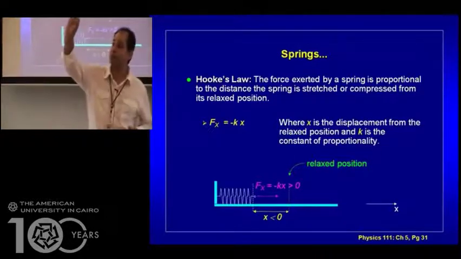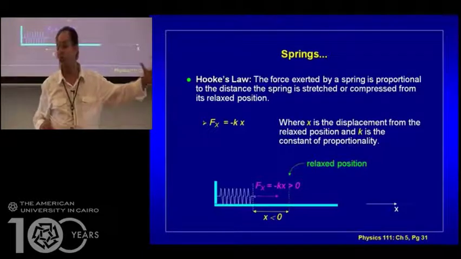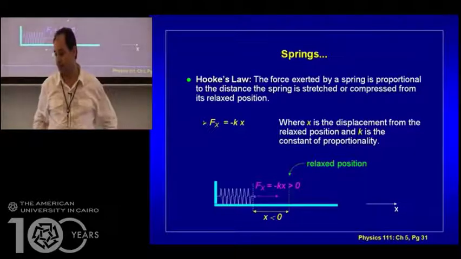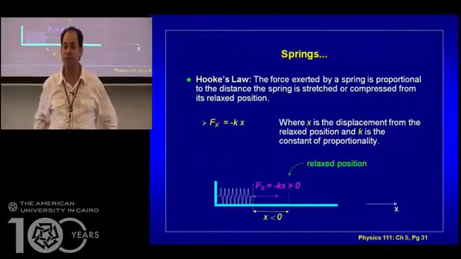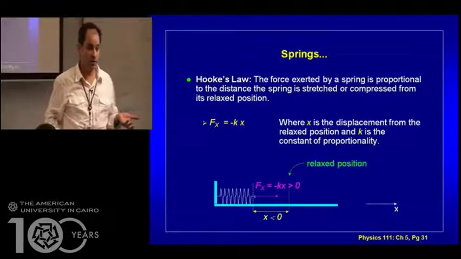So if we compare that spring with the spring of your car suspension system, which one has more K? Yeah, the one of the car. Why is the one of the car? It needs more force.